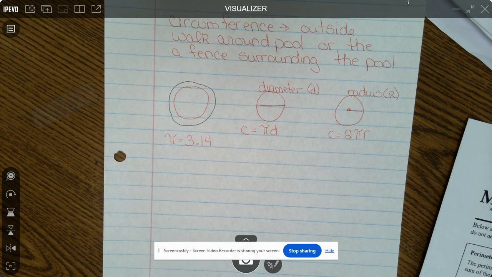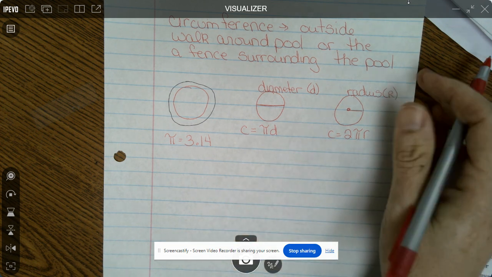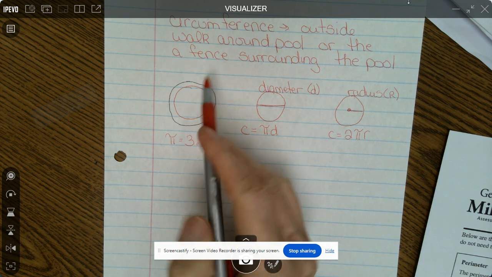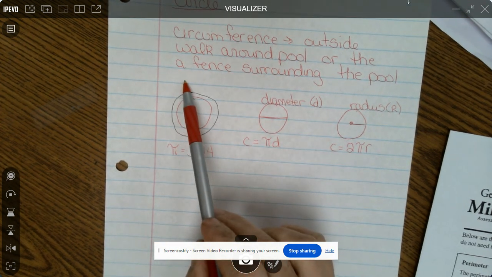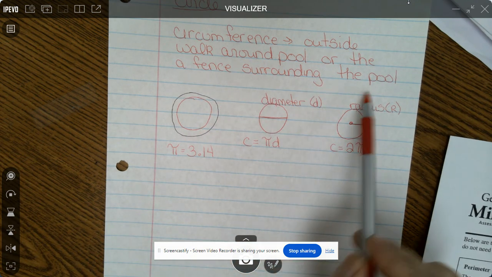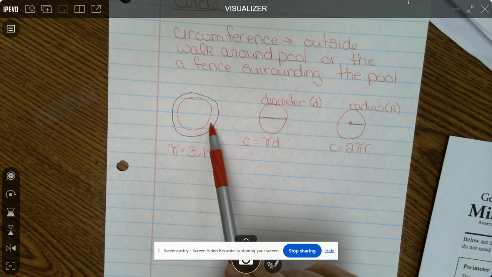And it's really not as hard as it may sound right now. We're going to be practicing quite a bit of it. So this is my example of finding the circumference of something: walking around the outside of a pool, walking around a fence surrounding the pool.